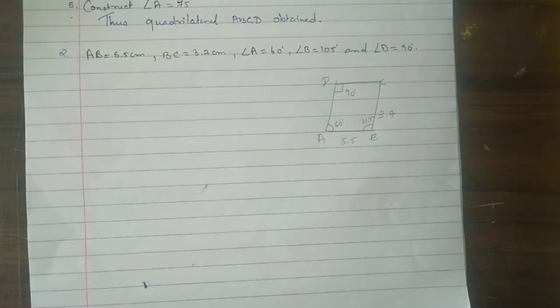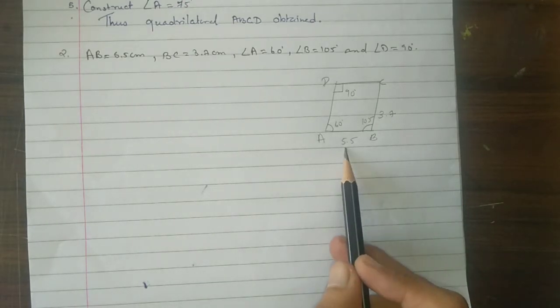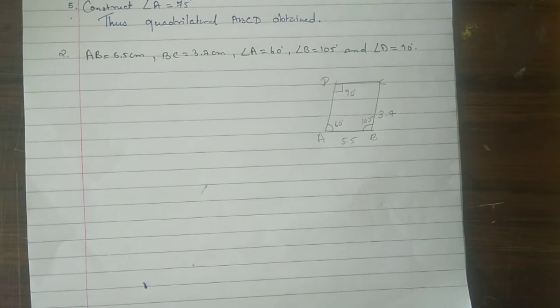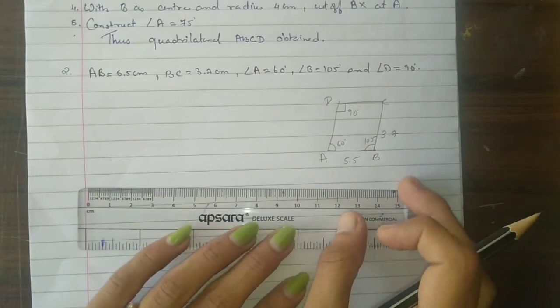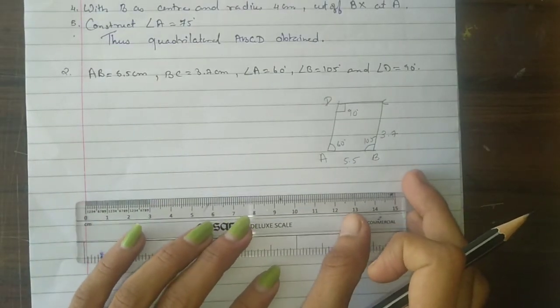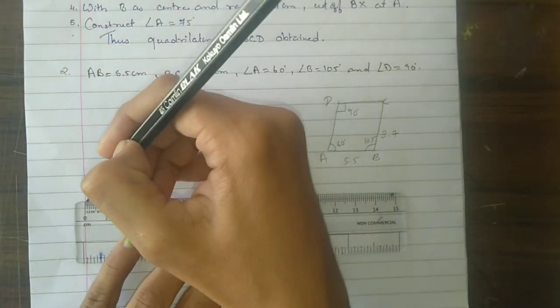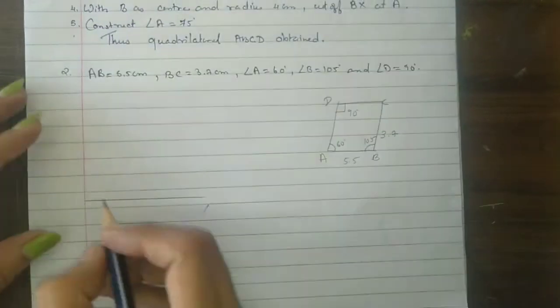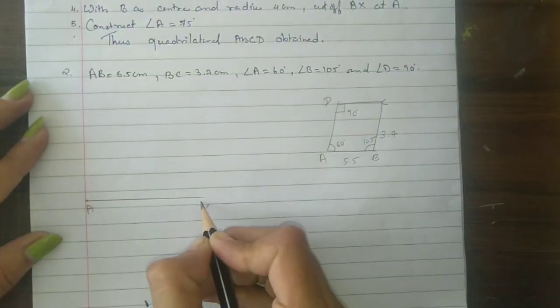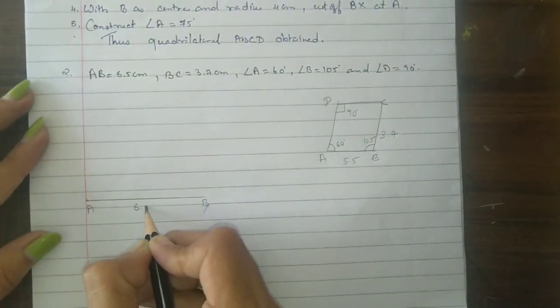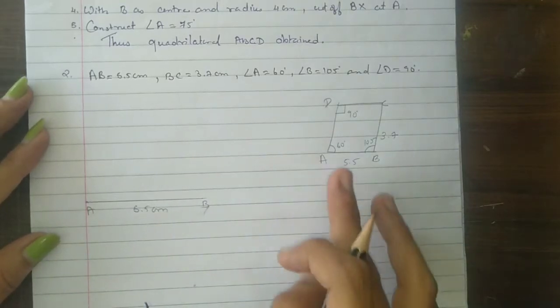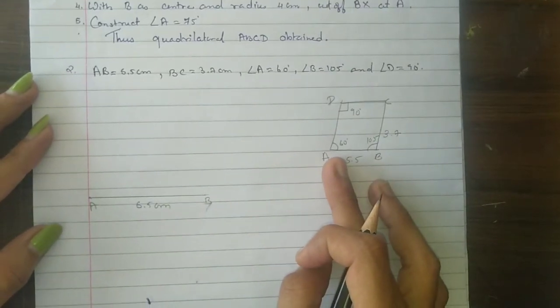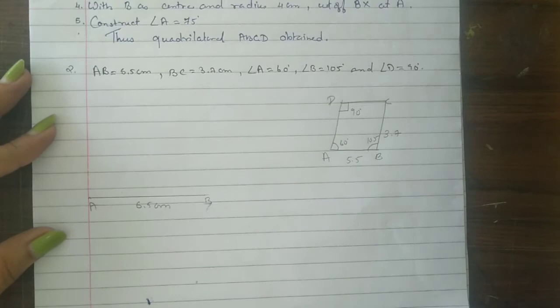Now first we will take AB, 5.5. Let us draw AB 5.5 centimeter, from 0 here. Now we will construct this 60 degrees with a rounder.